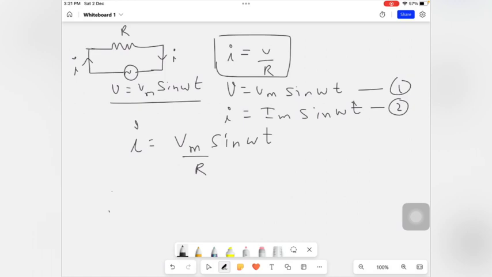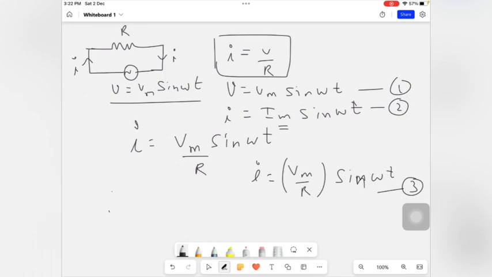Now I can rewrite this equation as I is equal to Vm by R into sin omega t. Now compare this equation 3 with equation 2, and we can find the value of Im.